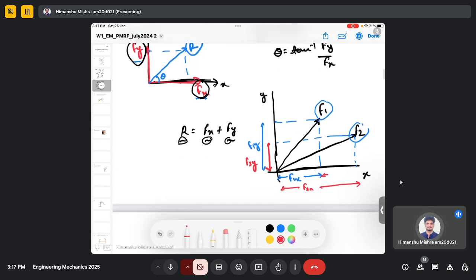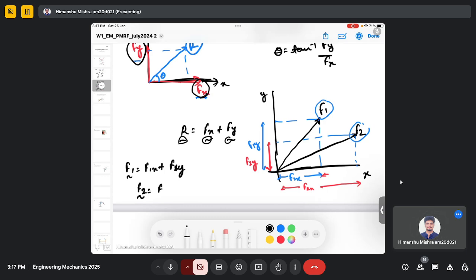So this F1 and F2 are the resultant forces. This can be written as F1 equals F1x plus F1y, and F2 equals F2x plus F2y.